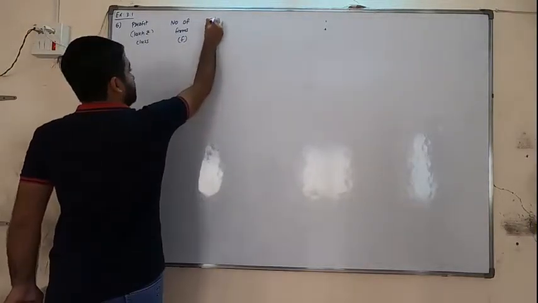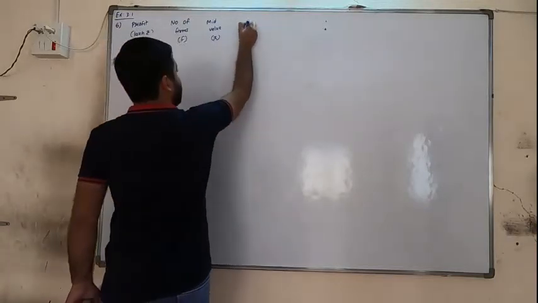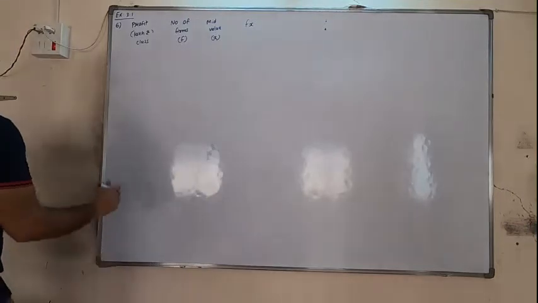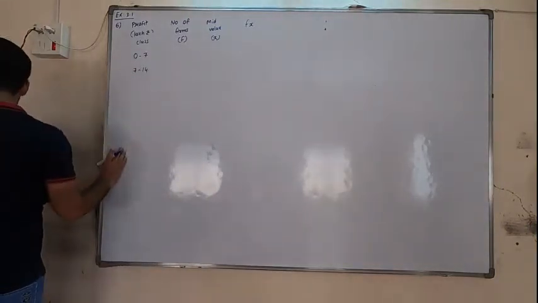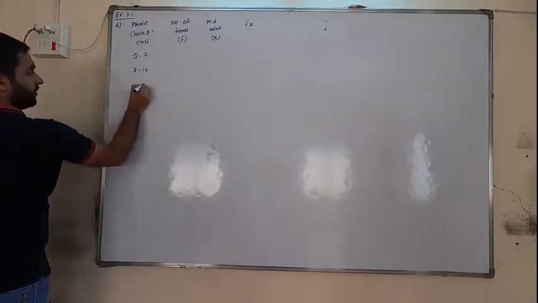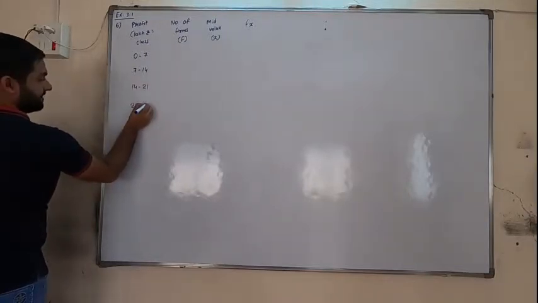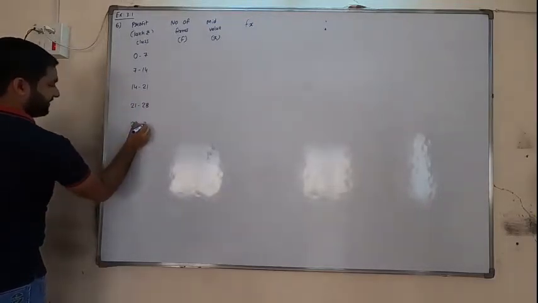We need the mid value x, and finally fx. Classes are 0 to 7, 7 to 14, 14 to 21, 21 to 28, 28 to 35.